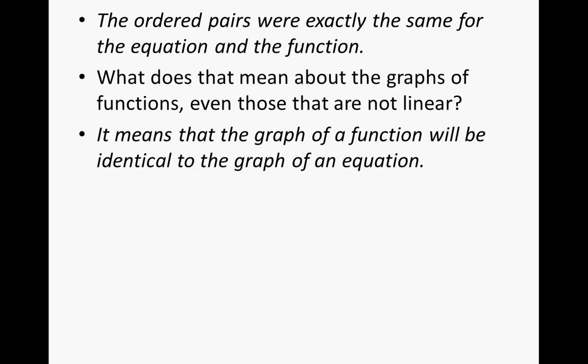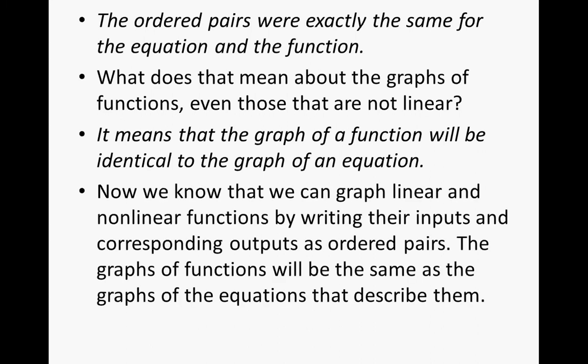It means that the graph of a function will be identical to the graph of an equation. Now we know that we can graph linear and nonlinear functions by writing their inputs and corresponding outputs as ordered pairs. The graphs of functions will be the same as the graphs of the equations that describe them.